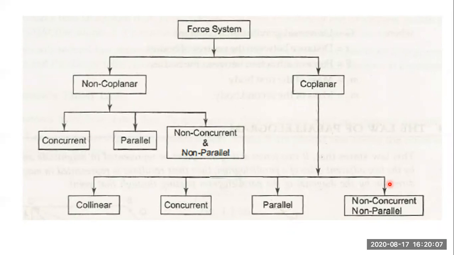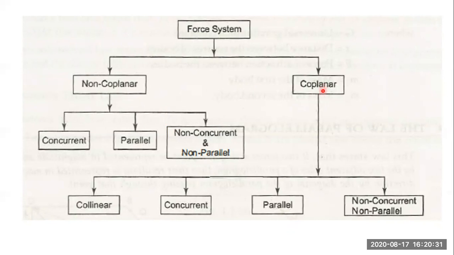Or if any two forces are in the same plane, these are called coplanar forces. Now, non-coplanar forces may be of three types: concurrent non-coplanar, parallel non-coplanar, and non-concurrent non-parallel non-coplanar. We'll discuss one by one.